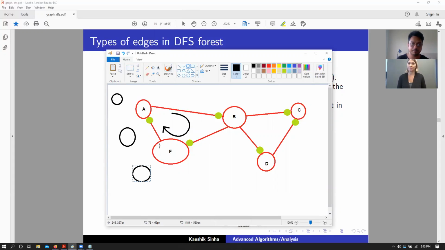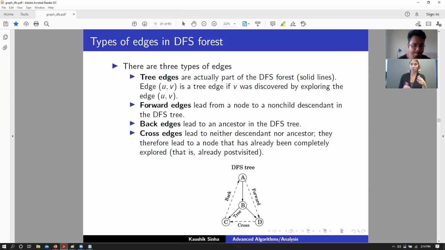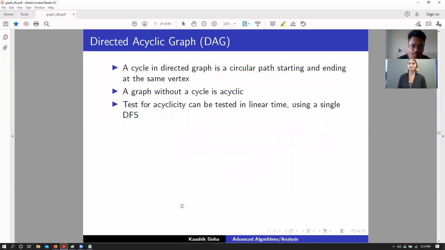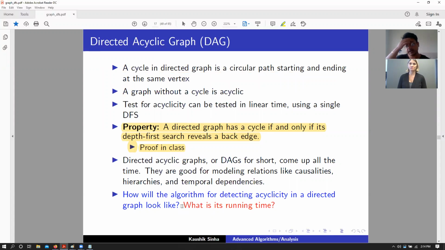Got it. Any other questions? Okay, so that is the reasoning why we say that if a graph has a cycle, then it would reveal to us a back edge, an edge that connects a child back to its parent.